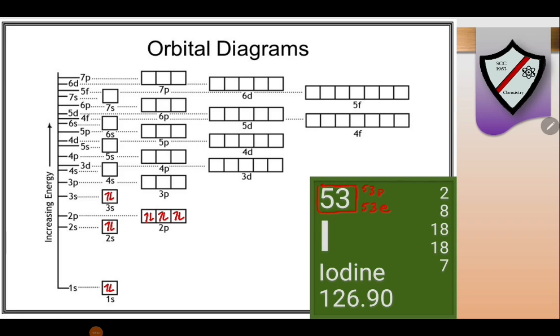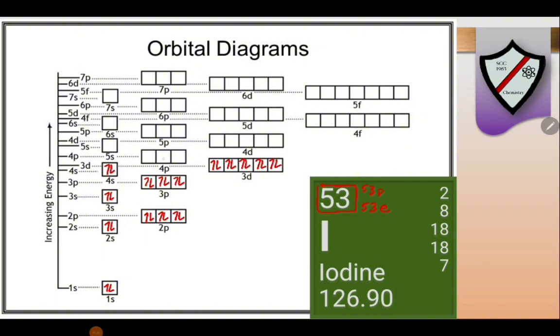The next orbital in energy are the 3p orbitals, 13, 14, 15, 16, 17, 18. Next, we move to the 4s orbital, 19, 20, followed by the 3d orbital, 21, 22, 23, 24, 25, 26, 27, 28, 29, 30.